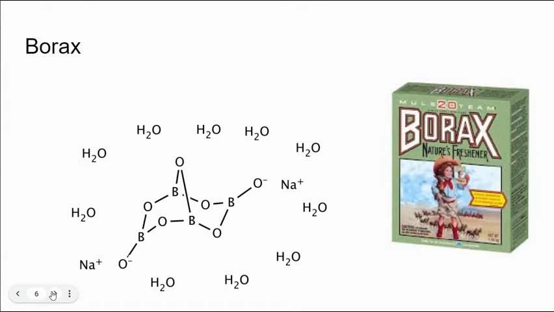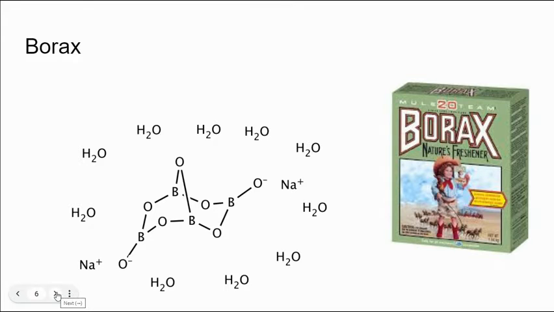If you can find a box of this, maybe somewhere in your laundry room. This is where we have sodium tetraborate. So here's my sodium ion, and then 4 borate ions all combined. That's the tetraborate anion. That would form a crystal lattice with a bunch of water molecules trapped within it. So all of these are examples of hydrated compounds.